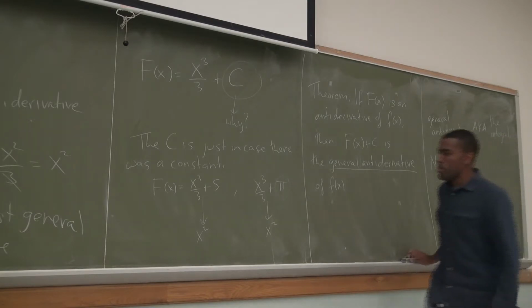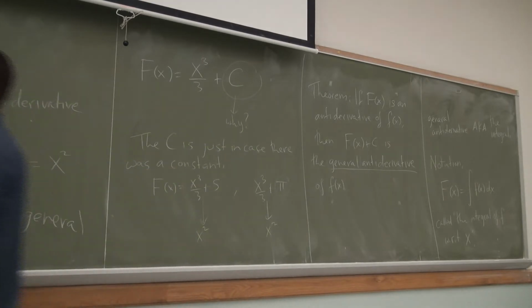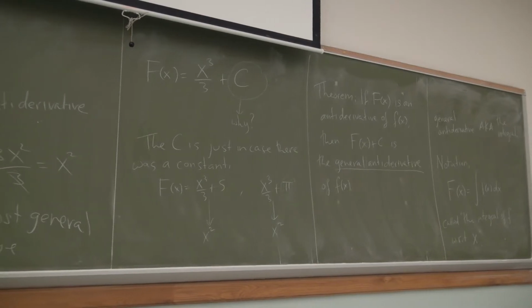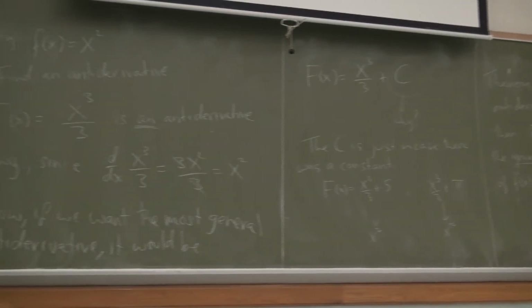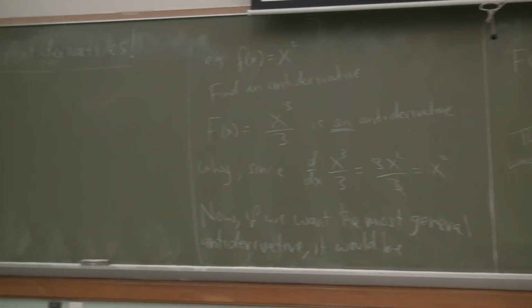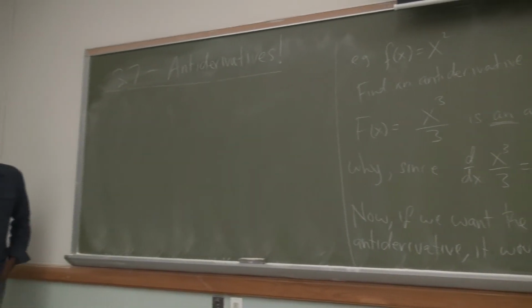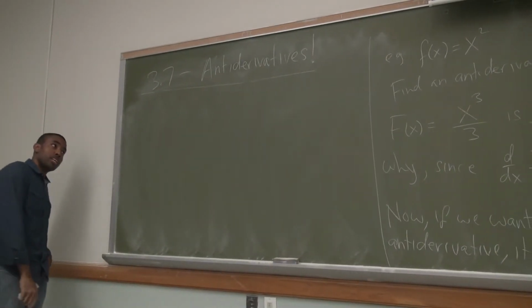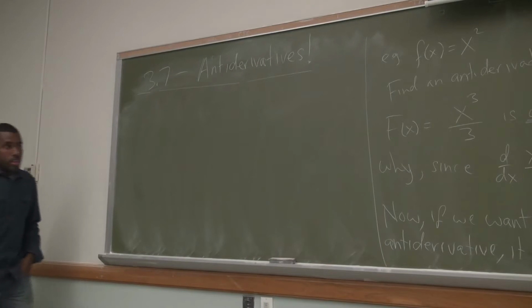Anyone know why you use that symbol? Yeah, it's a sum. Sum of little rectangles is one way you can think about it. It's the area underneath the function, which is given by the sum of rectangles, which we're going to call Riemann sums when we get to chapter 4.